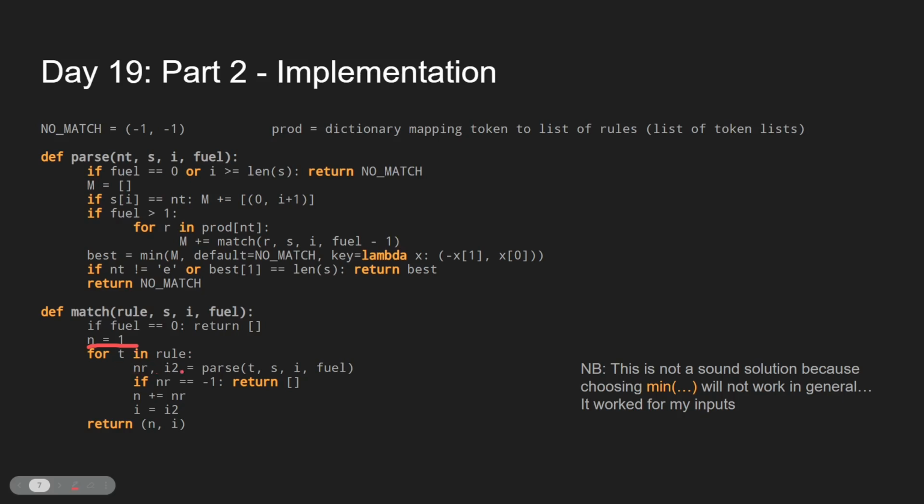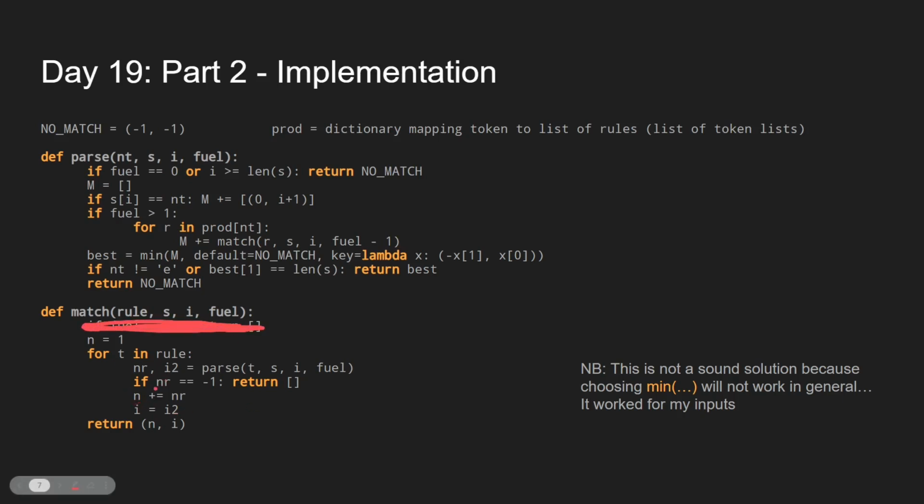And then for every token in the rule in sequence, we try to parse this token, and if it fails, then we failed matching the whole rule. So then we return this empty list here, and this result is being concatenated up here to m, so returning empty here means we don't add a result. So ignore that part there, that was unnecessary.